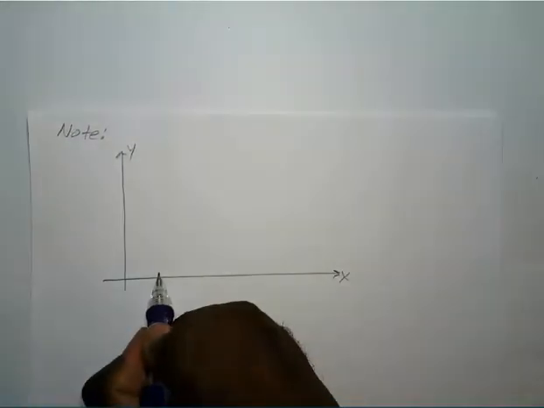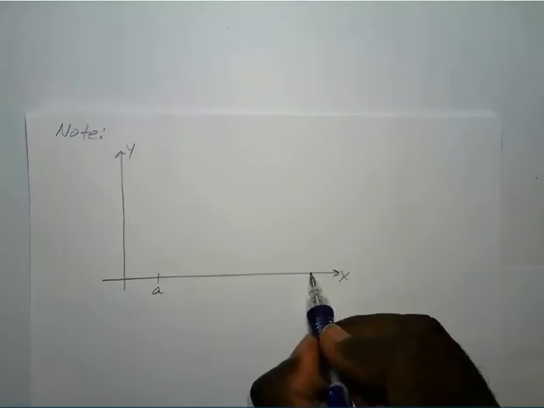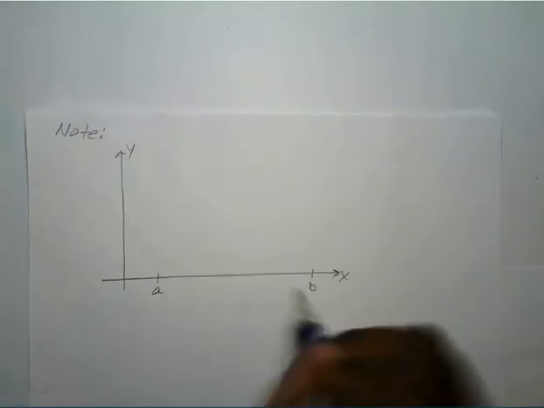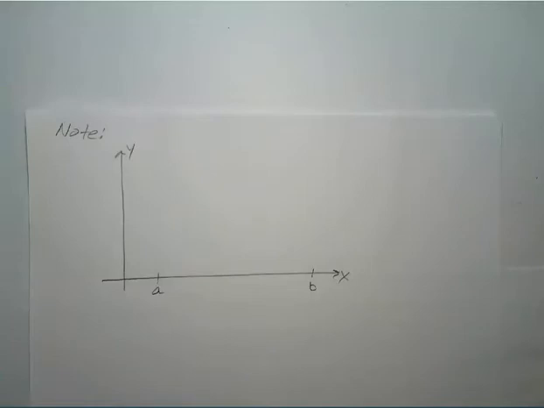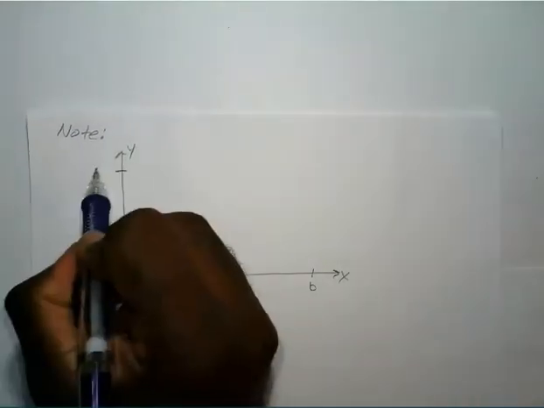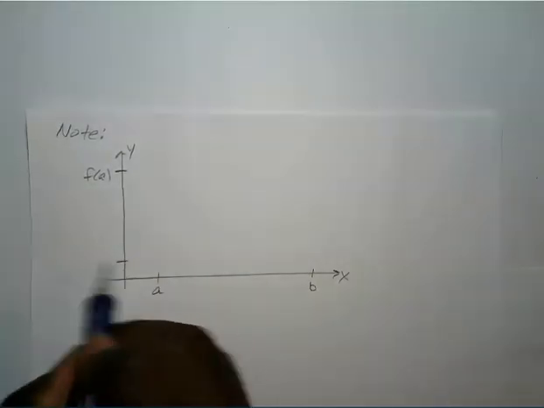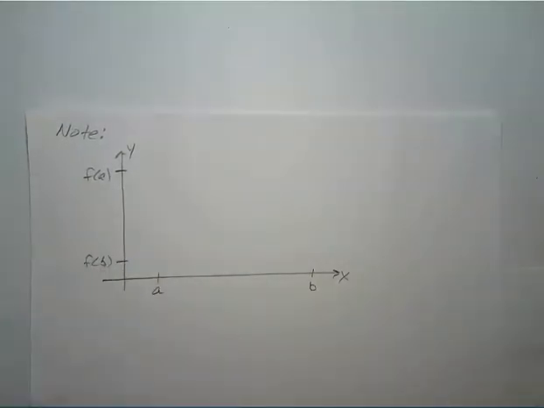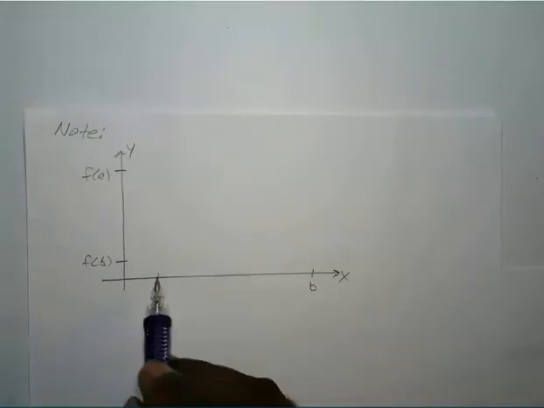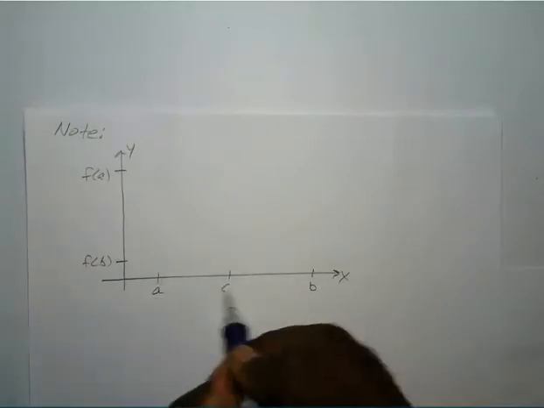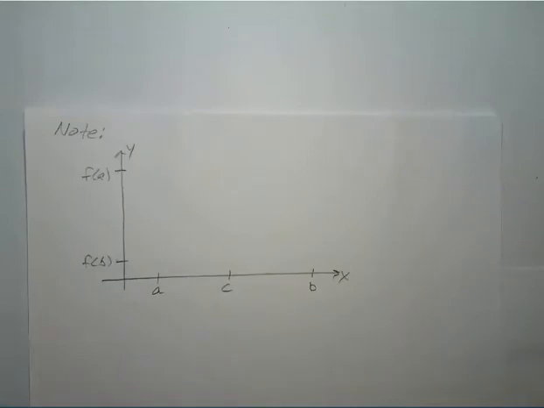Let's say you have your interval between a and b. And let's say you have your f of a, and this is your f of b. And in between your interval a and b, you have some value c.